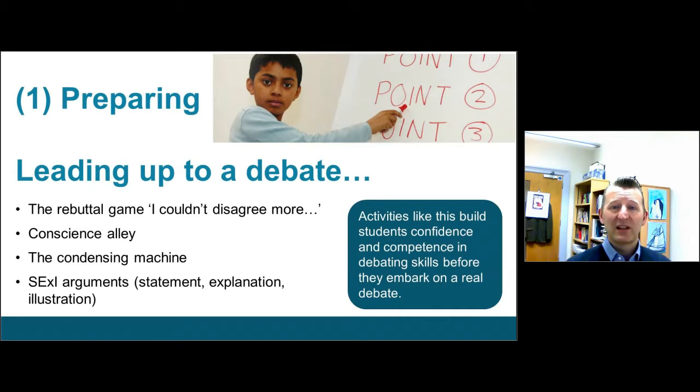If they're not convinced, they think it's a weak argument, they move further towards the other side. And this is a nice fun way for children to get immediate feedback on whether their argument is more or less convincing than other people's.